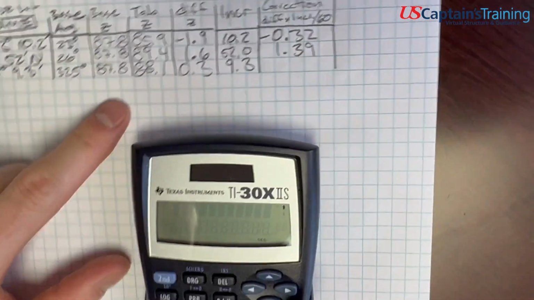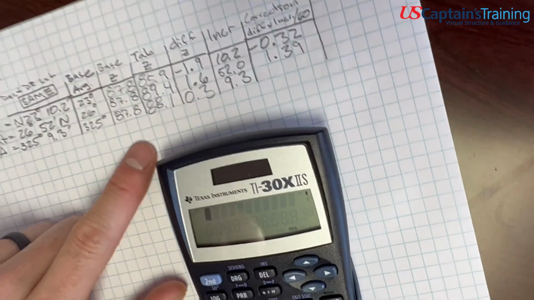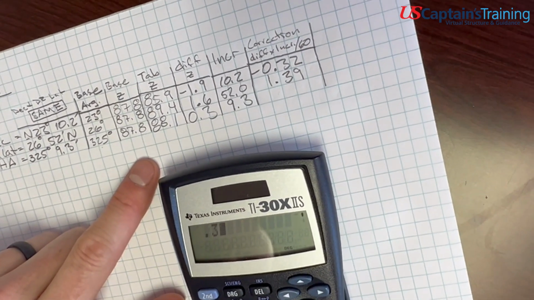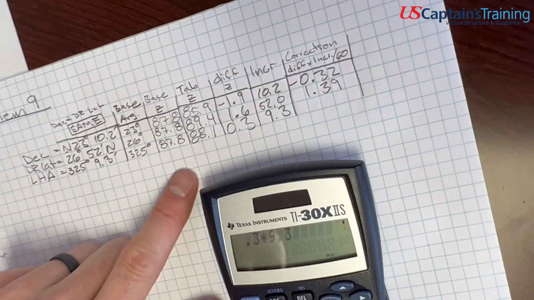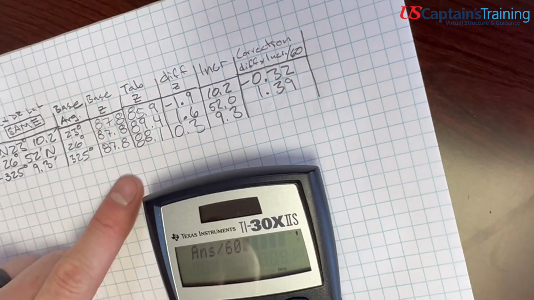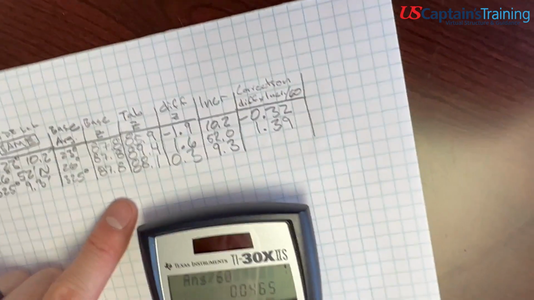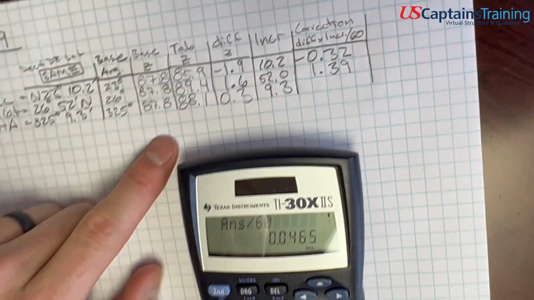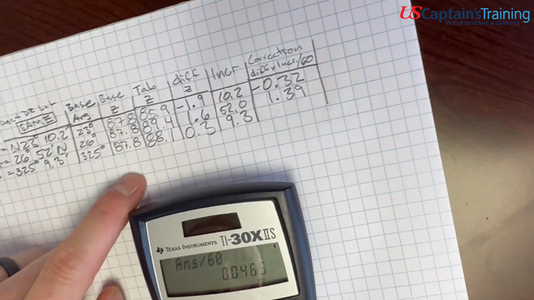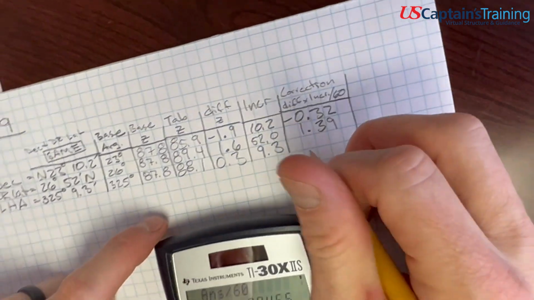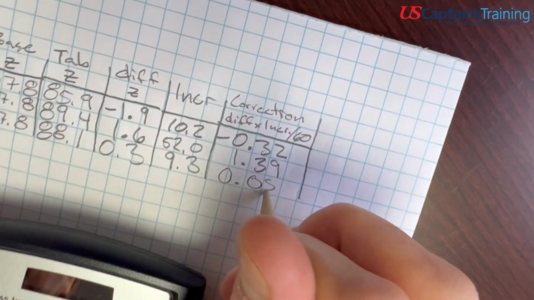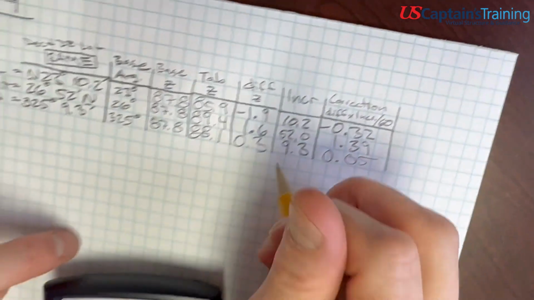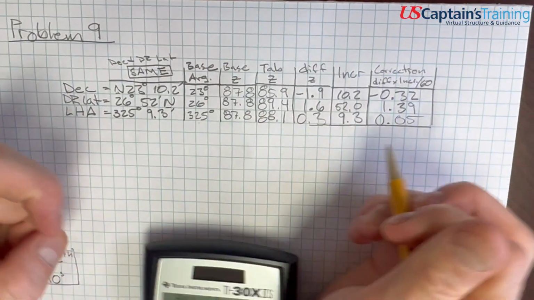And now we get 0.3 times 9.3 divided by 60 equals 0.04, 0.05 it rounds to. So 0.05. Now we can find the total correction.